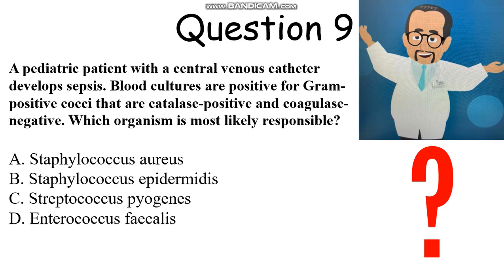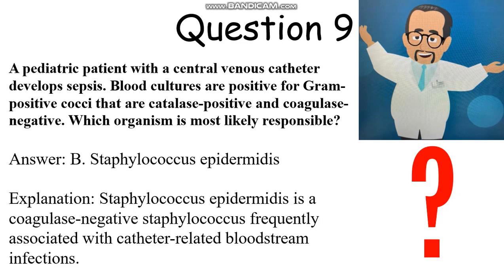Immediately when we say catalase positive, you will rule out C and D. You will have to answer Staphylococcus aureus or Staph epidermidis. Now it says also coagulase negative. Immediately you will rule out Staph aureus and the answer is B, Staphylococcus epidermidis, because Staph epidermidis is a coagulase-negative staph frequently associated with catheter-related bloodstream infections.